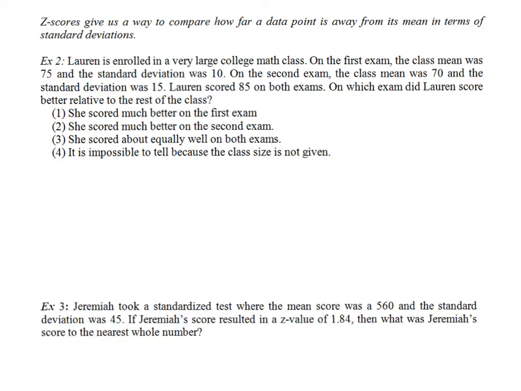On the second exam, the class mean was 70 and the standard deviation was 15. Lauren scored 85 on both exams. So on which exam did Lauren score better relative to the rest of the class? Without z-scores, it's hard to figure out whether that 85 means the same thing or something different on these two tests. So let's divide this work up and talk about exam number 1 and exam number 2.